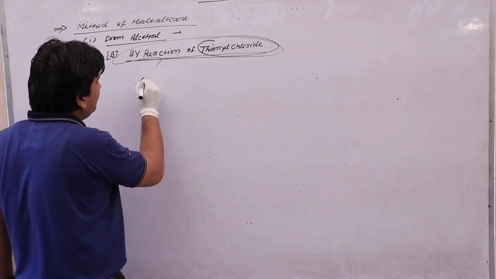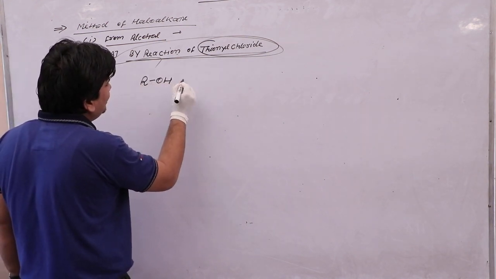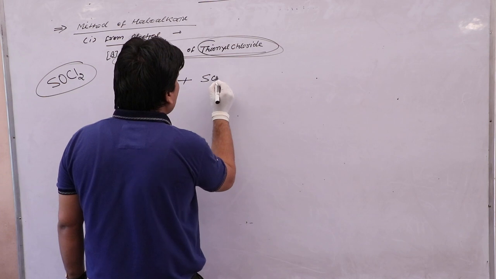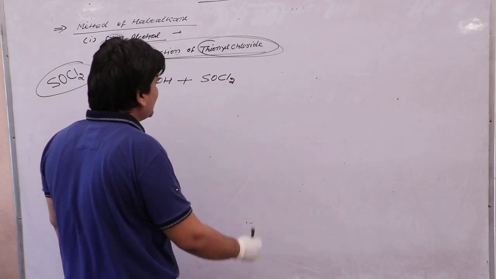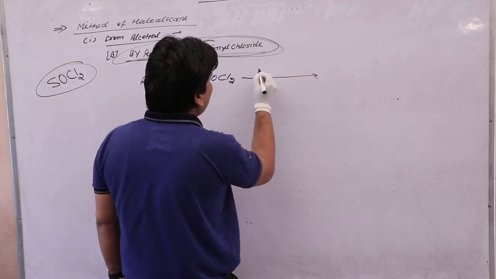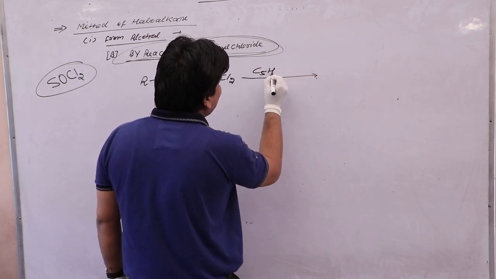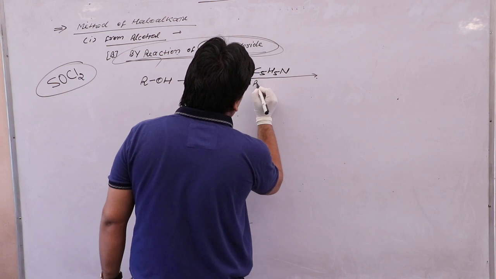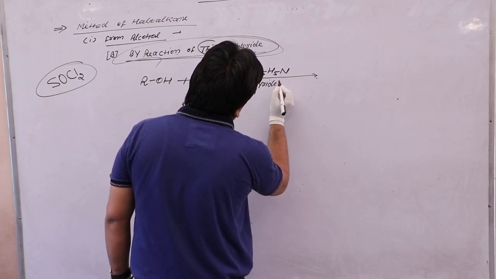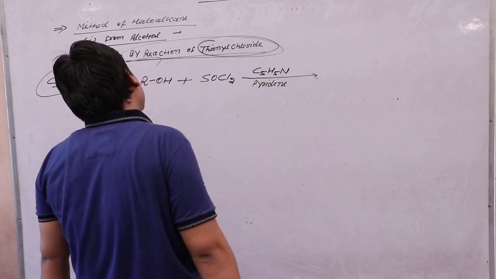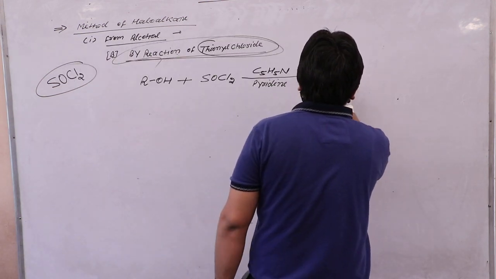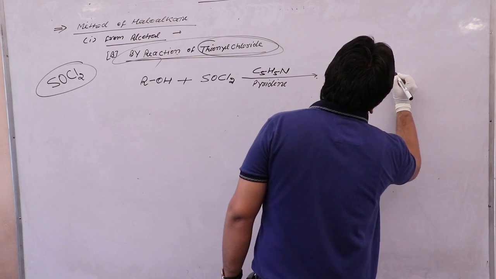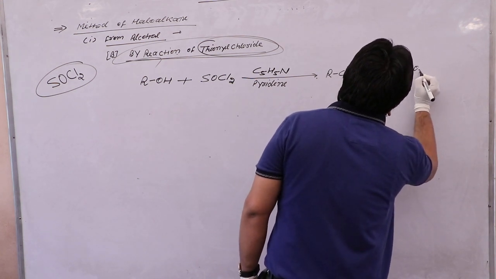When alcohol ROH reacts with thionyl chloride SOCl2 in the presence of pyridine, whose formula is C5H5N, it gives alkyl chloride RCl plus HCl and SO2.